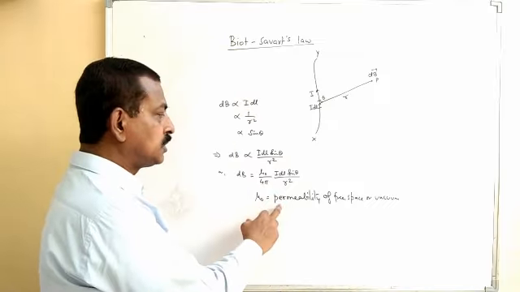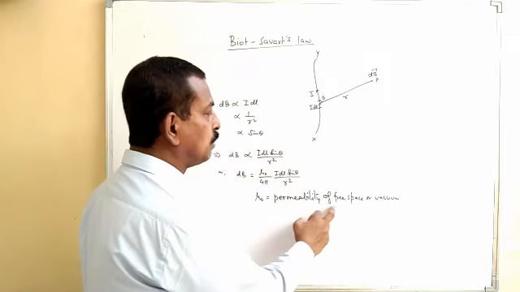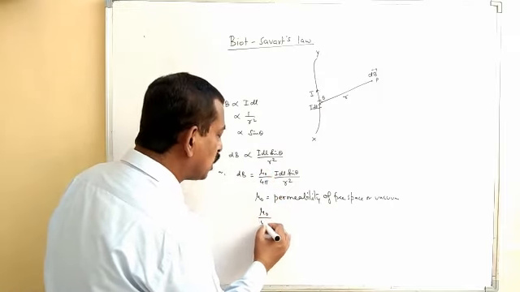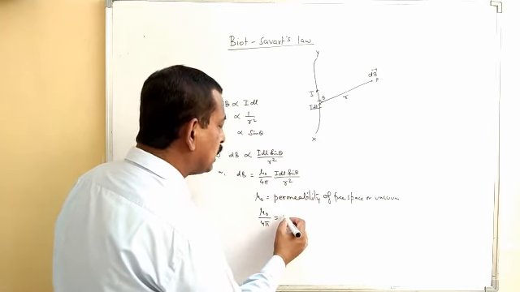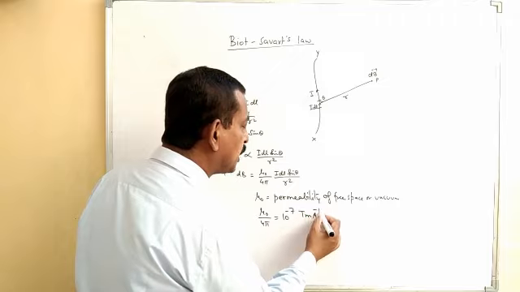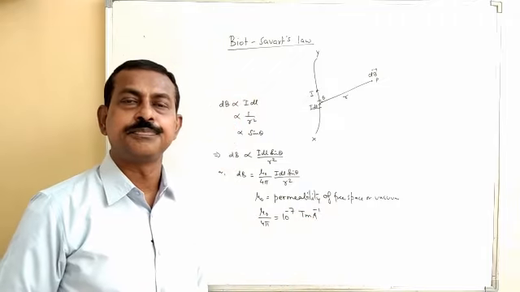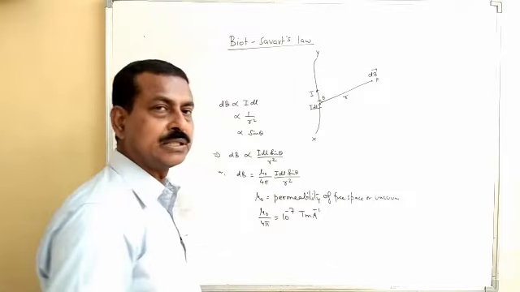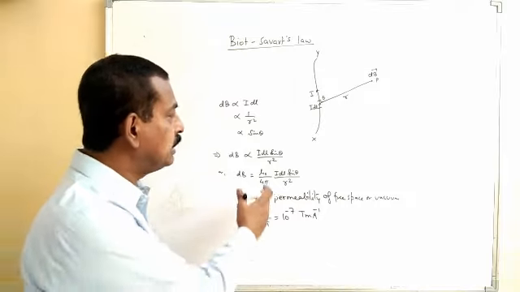The value of mu naught by 4 pi is 10 to the power minus 7 Tesla meter per ampere. This is the constant of proportionality used here.